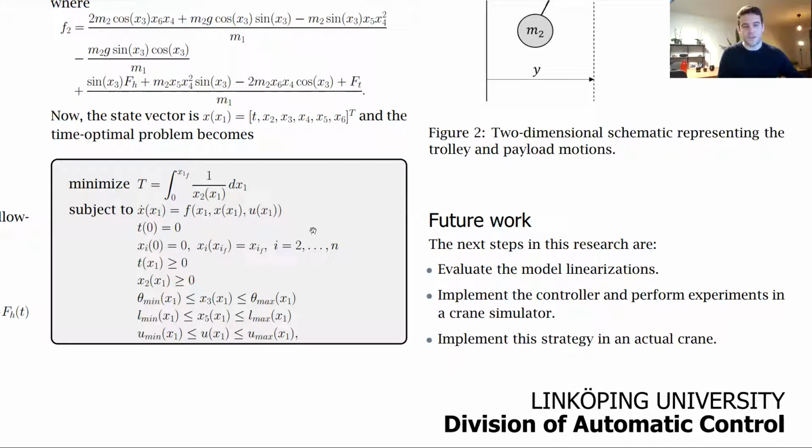A drawback of this new formulation is that now, since x2 here is the velocity of the trolley, it assumes the value 0 in the very beginning and in the end of our process.